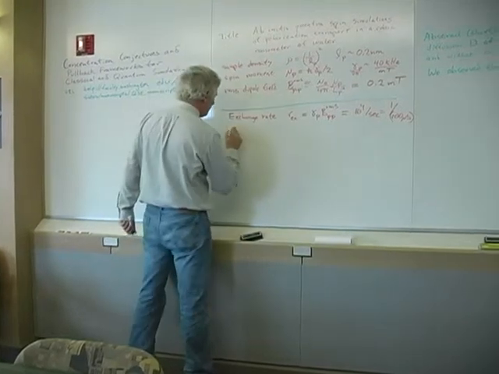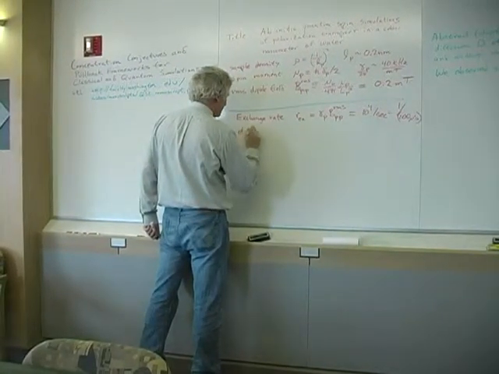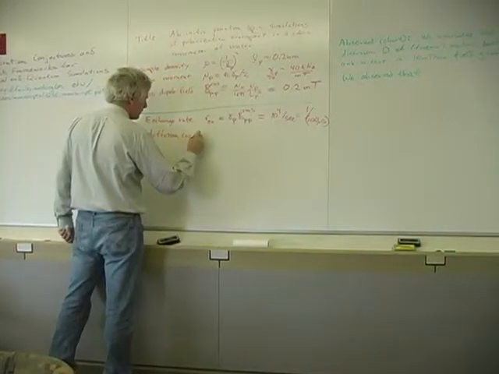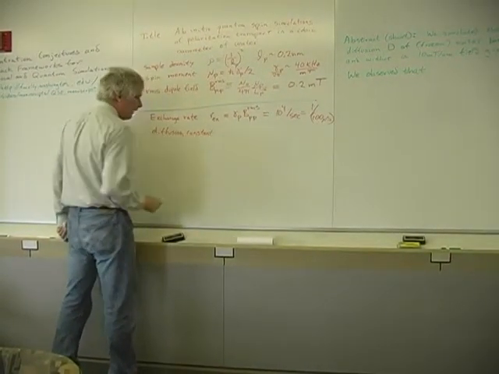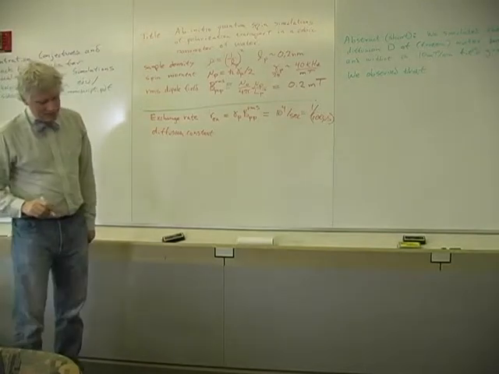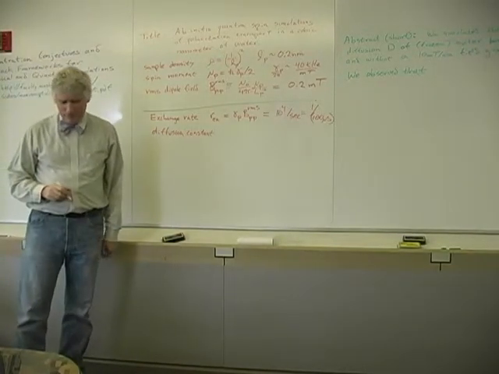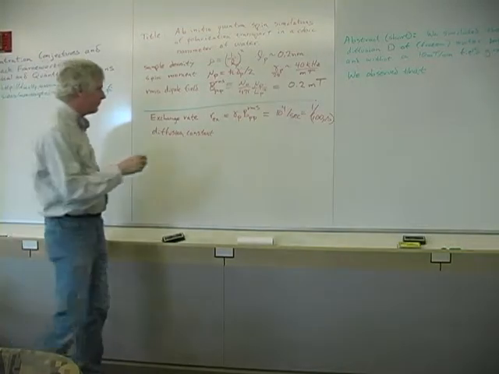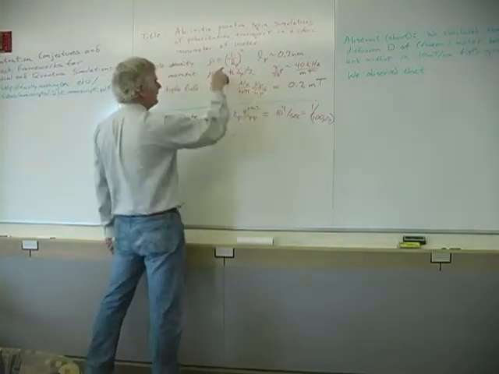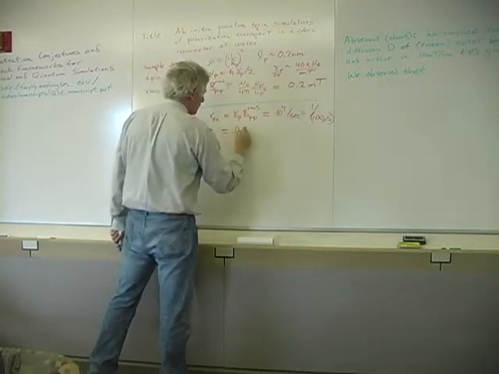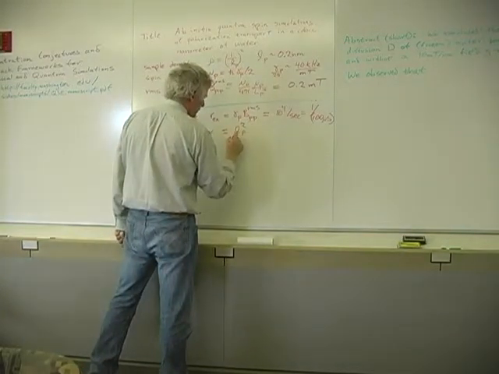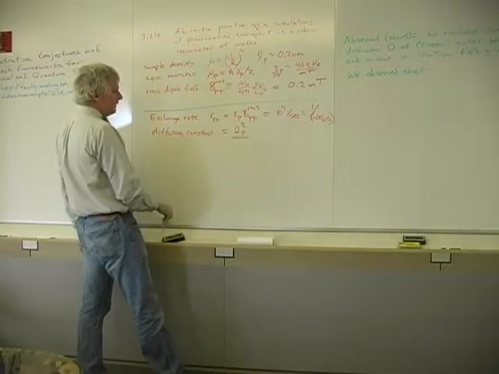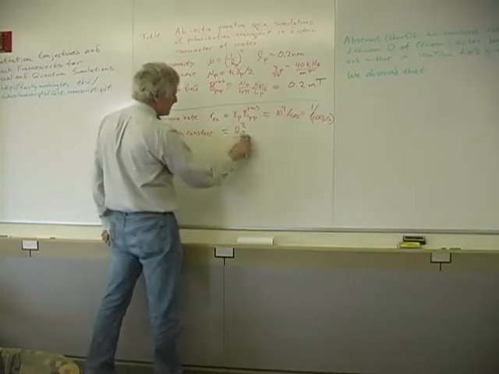Well, the diffusion constant has units of length squared per time. And the only length we have is lp. And the only time we have is 1 over the relaxation.